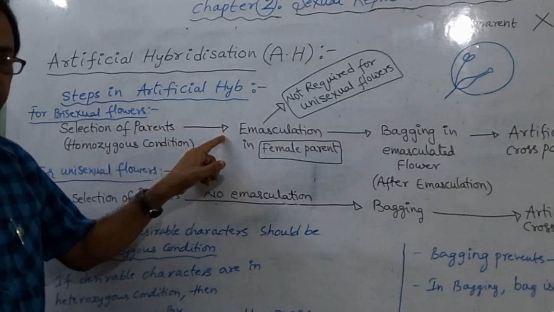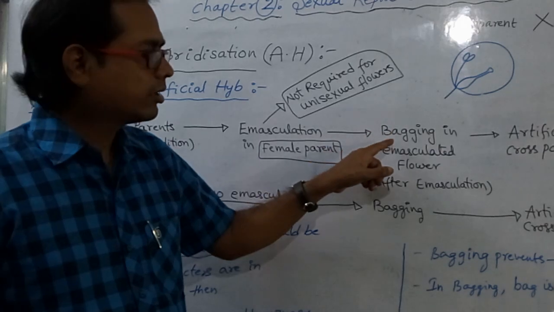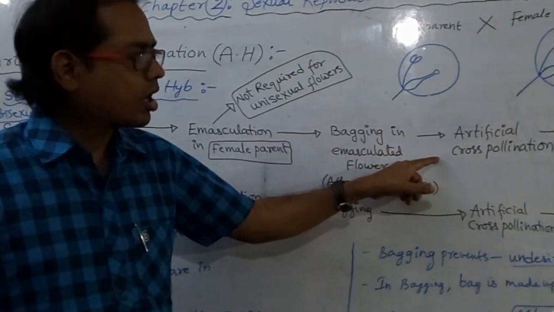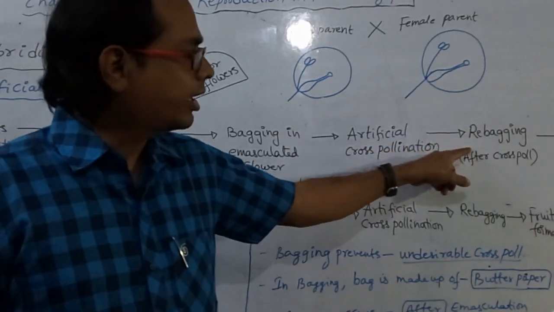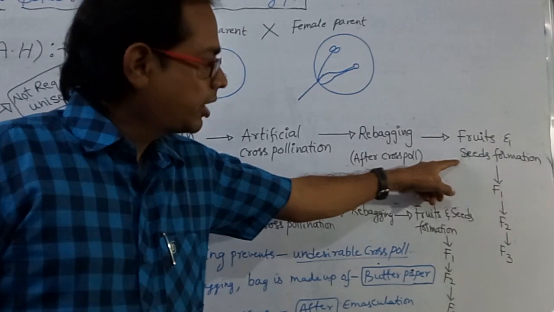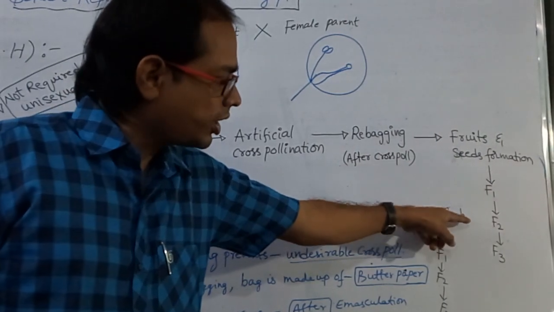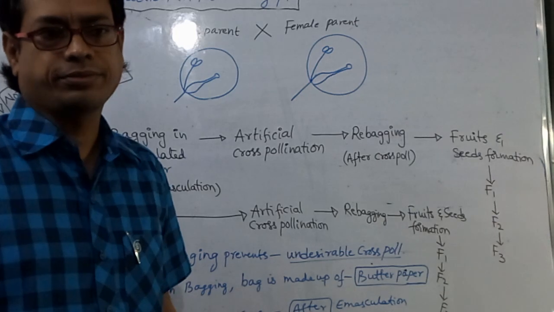Next, emasculation. Next, bagging. Next, artificial cross pollination. Next, rebagging. Next, fruit and seed formation. Next, F1 generation, F2 generation, and later F3 generation.